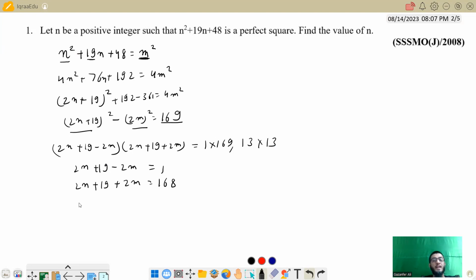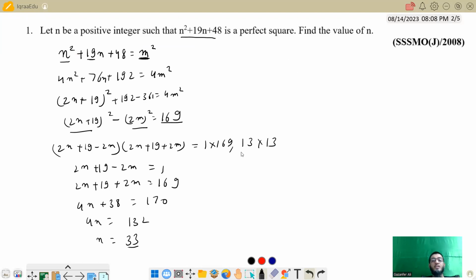We want to find n, so we'll add them. 4n plus 38 is equal to 170. 4n is equal to 132, so n is equal to 33. After I get n equal to 33, the first thing I have to do is verify whether it satisfies the equation or not. Okay. So this is one solution.